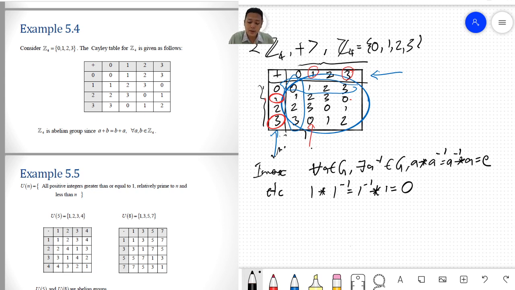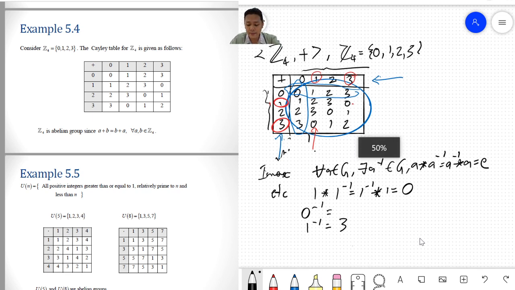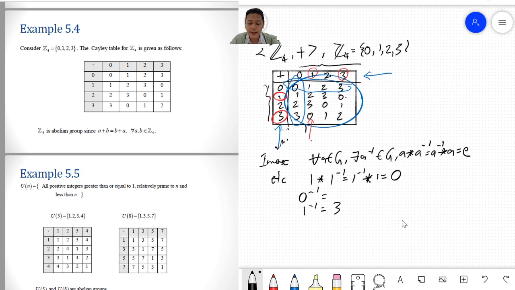For the case of existential, again, I need to mention every possible inverse. It means what is the 0 inverse? What is the 1 inverse? We already know, which is 3. You must do that for every element inside Z4. Again, for the case of 0 binary operation with the inverse, you get back 0.